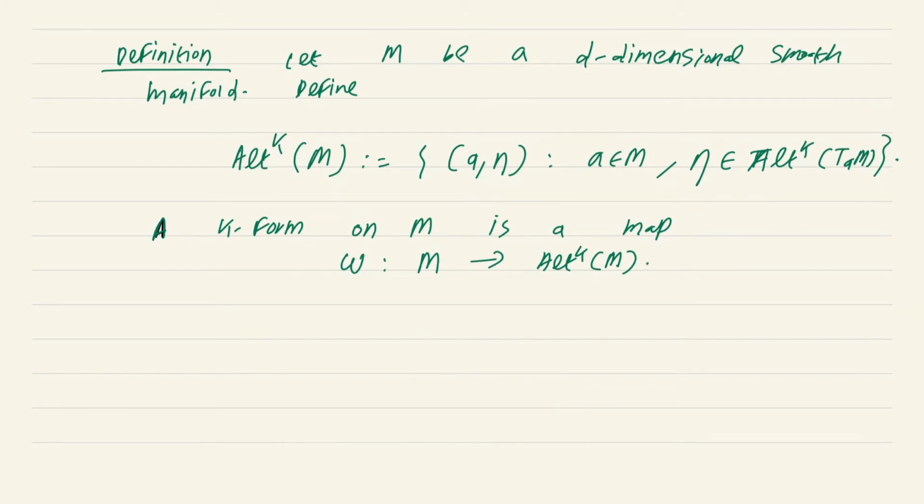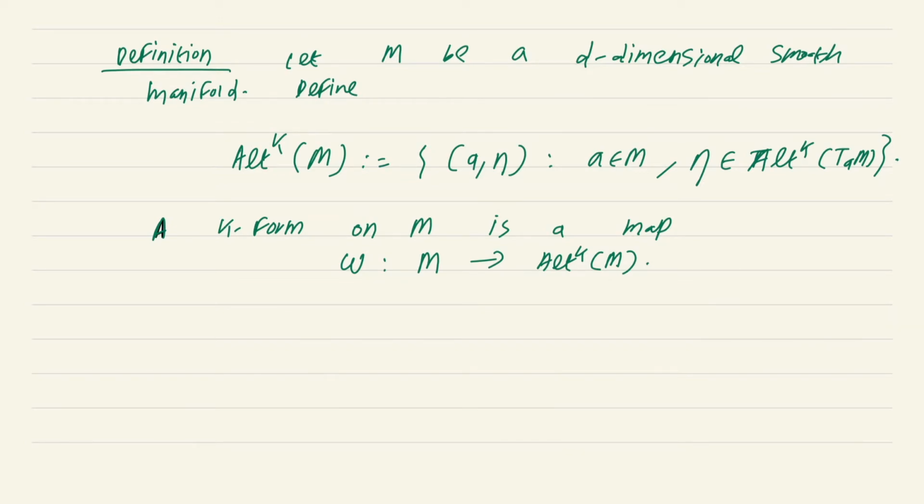At each point, it assigns an alternating k-form defined on the tangent space at a of M. If I added the notion of bundles, I could have made some simplifications. I could have just said it's a section of the bundle, but I'm not going to do that now.